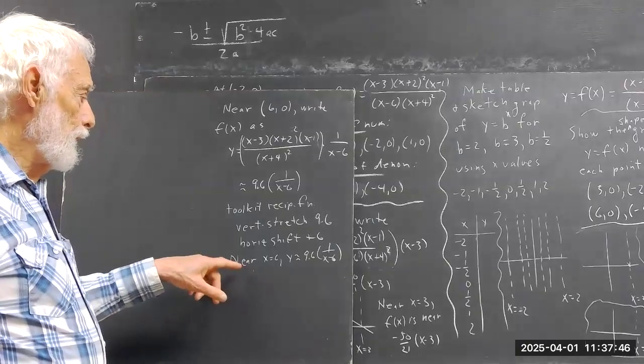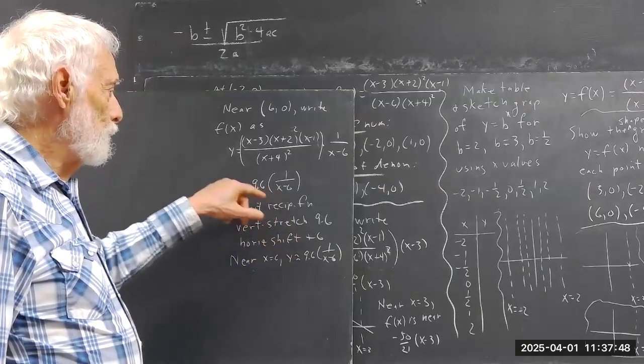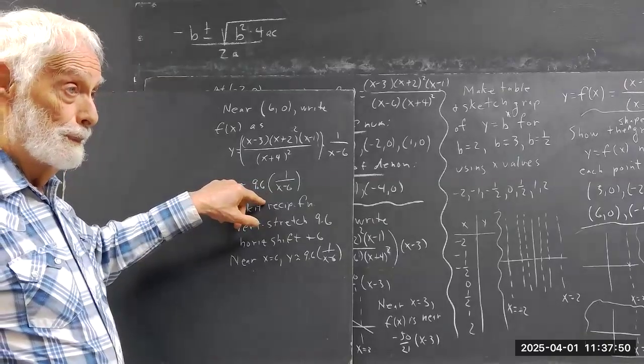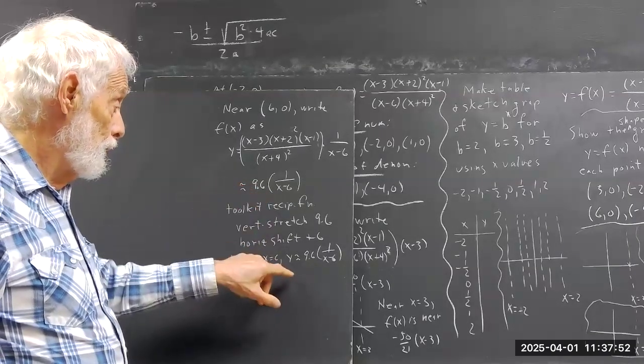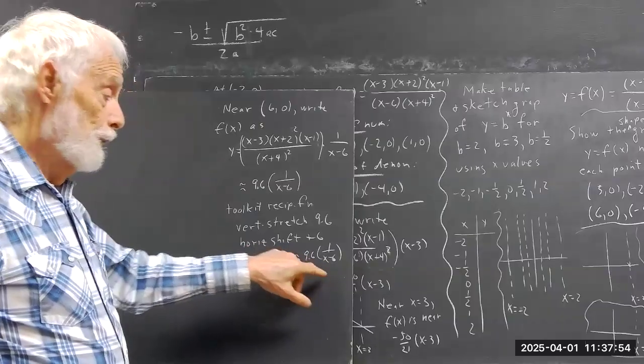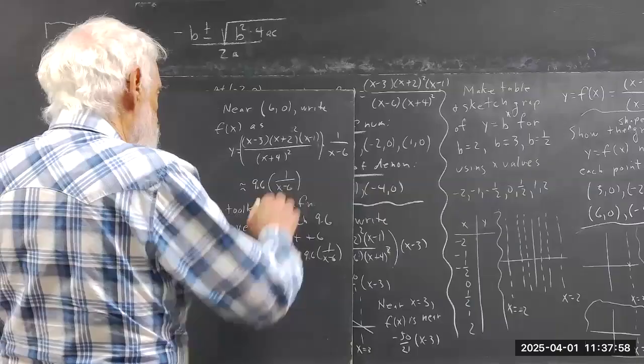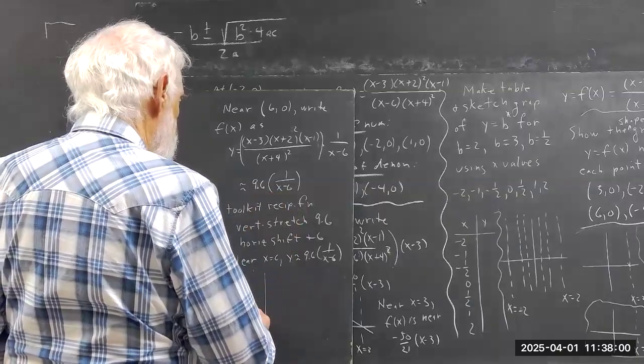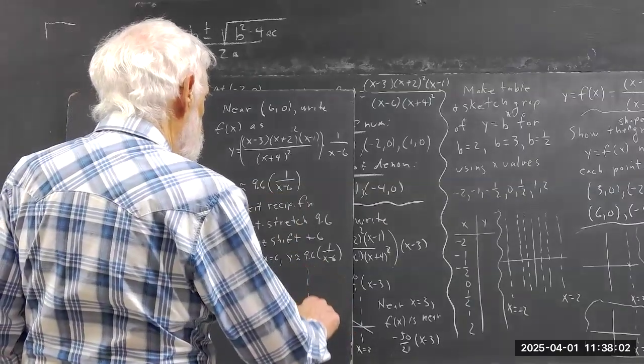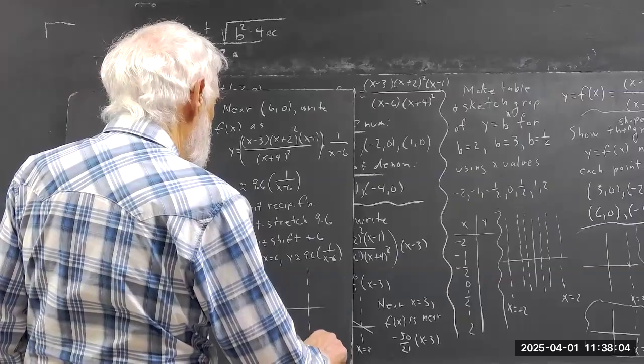Because you're emphasizing the fact that it's not exactly equal to this, except at this point, but it's near this. So if we write out, because we get this reciprocal function, here's x equals 6.